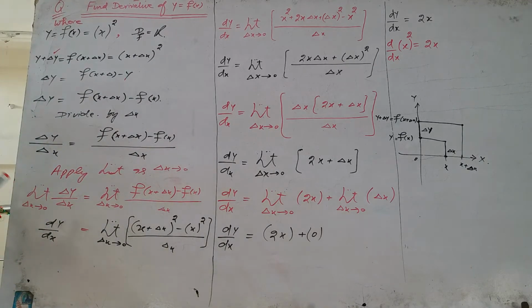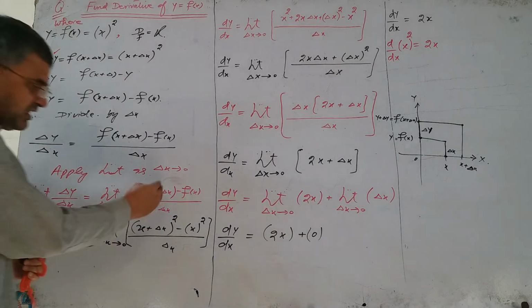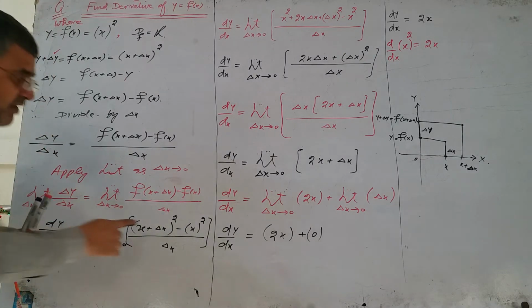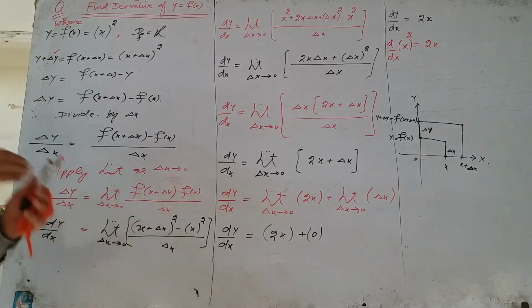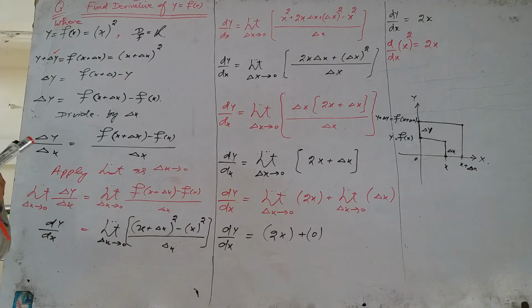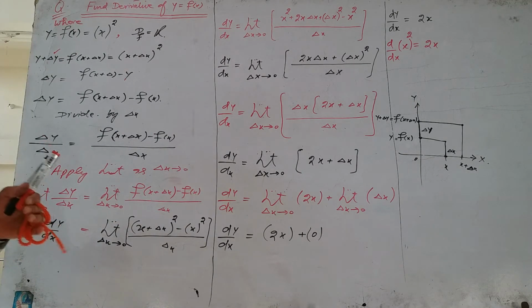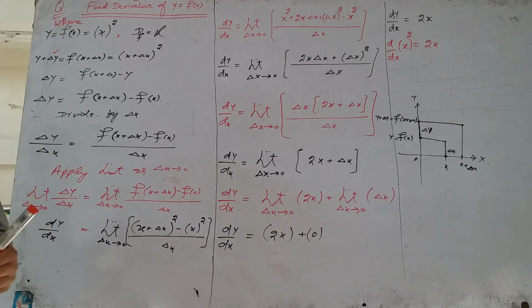Again, we apply the same procedure for the calculation of the limit of this function. This function is again in the form of f of x divided by g of x, and according to the condition, to calculate the limit of a function in the quotient form, first we have to write the simplest form of the function.